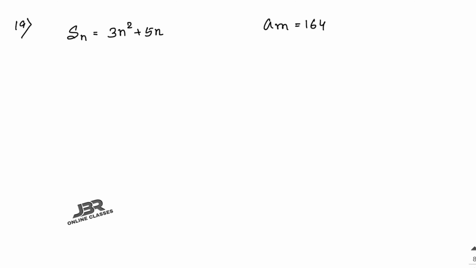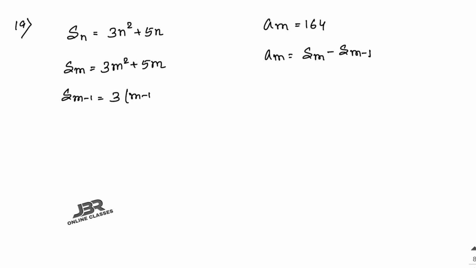As am equals 164, you can apply the formula am equals Sm minus Sm minus 1, that is, the sum of m terms minus the sum of m minus 1 terms. In that case Sm will be 3m square plus 5m, and Sm minus 1 will be 3 into m minus 1 whole square plus 5 into m minus 1.